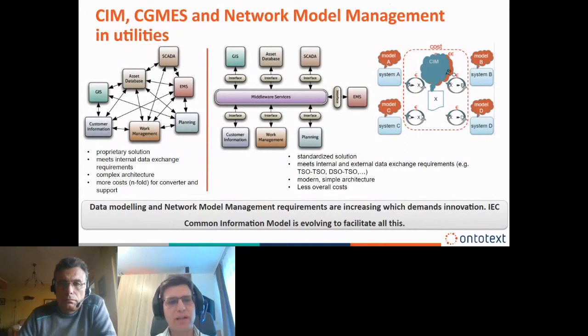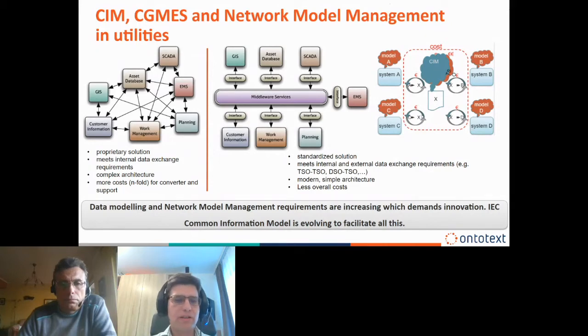So this slide here explains a little bit the benefits of using CIM in an enterprise. So there were a lot of systems that you need to integrate, and having multiple interfaces between different parts of the system, it's just more costly and difficult to maintain.